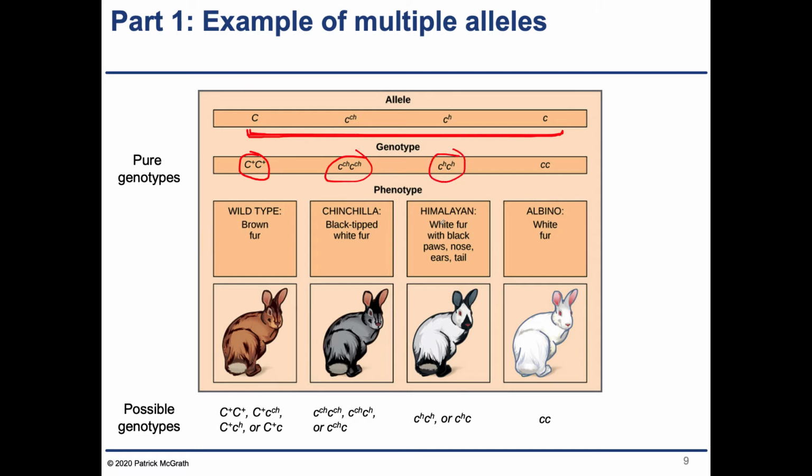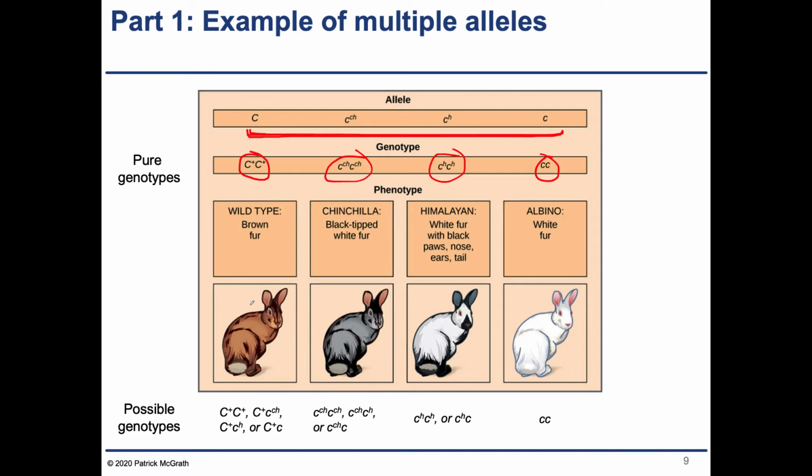If you're homozygote for the Himalayan, you'll be Himalayan. And if you're homozygote for the albino little c allele, then you'll be albino. So you'll notice that we've just listed the purebred genotypes and what their traits are.